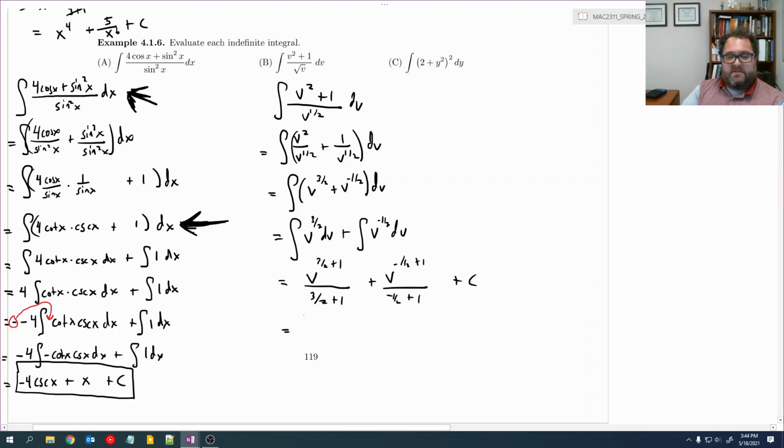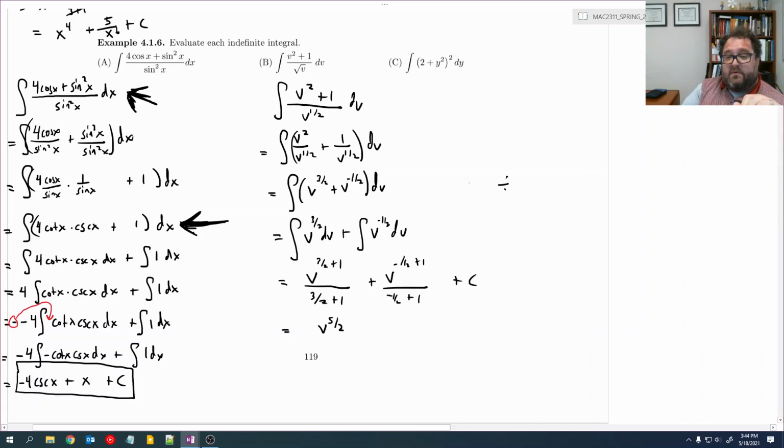And what does that give us? Okay, 3/2 plus 1 is v to the 5/2 power. 3/2 plus 1 is 3 over 2 plus 2 over 2, which is 5 over 2. Now notice we're dividing by that same value, 3/2 plus 1, which means we're dividing by 5/2.